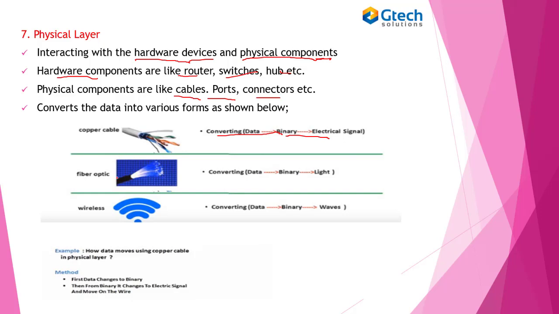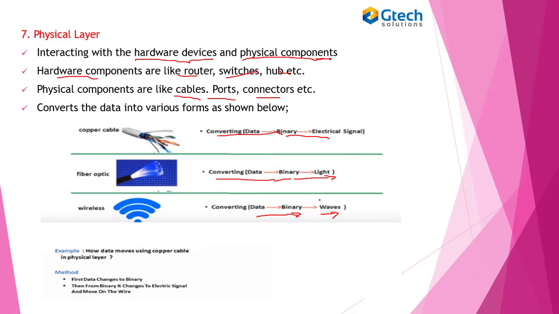But when you are using fiber optics, the data is converted into binary, then to light, then sent. But when you are using wireless connection, the data is converted into binary, then into radio waves.